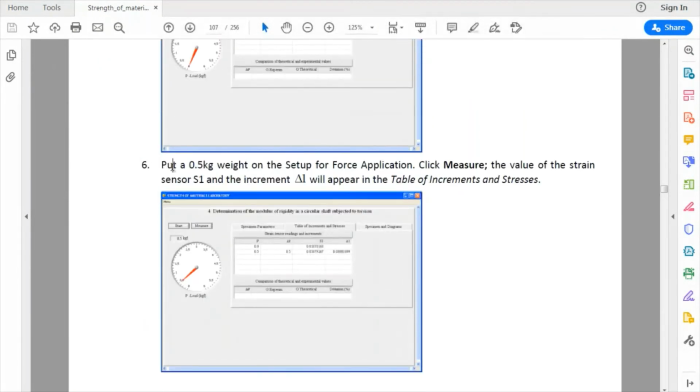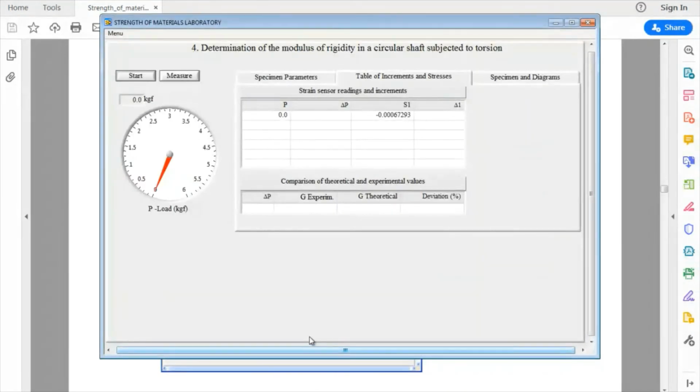Apply 0.5 kg force or 0.5 kilogram weight, and then click measure. So I will be adding 1 kilogram force weight and measure, another 0.5 kg.